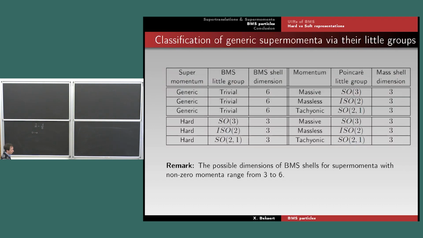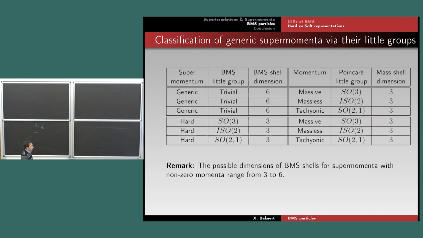Okay, and just to give you a flavor, and then I will conclude. Here are some tables with the list of the size of the BMS shell. This is just the BMS orbit, that's the Lorentz orbit of the supermomentum. That's what I mean by BMS shell. So let's take the totally generic case where the supermomentum has a trivial stabilizer, so a trivial BMS little group.